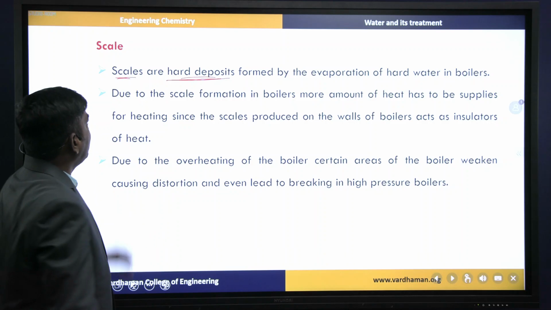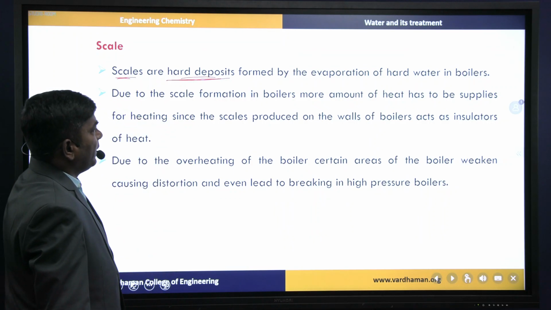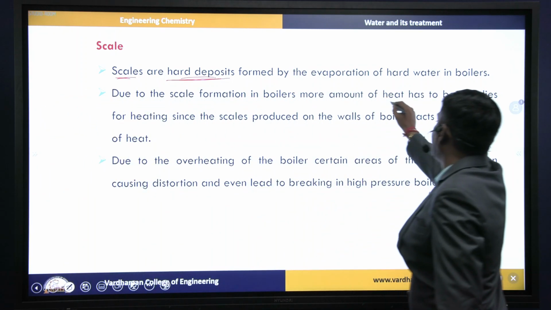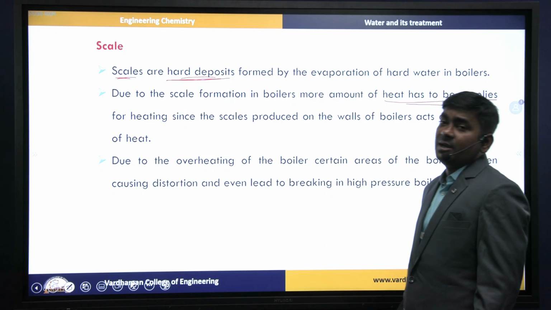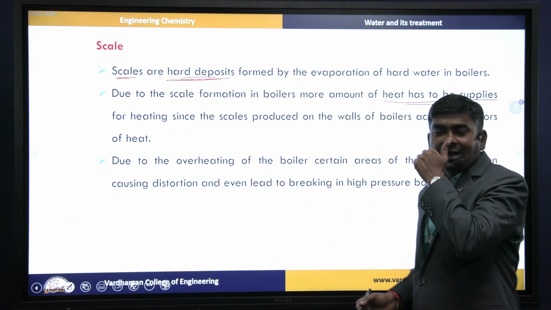So what happens when scale formation takes place? Due to the scale formation, more heat has to be supplied, because usually the boiler wall is only one wall, made of iron or steel.